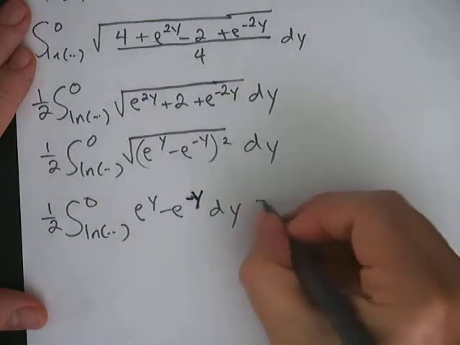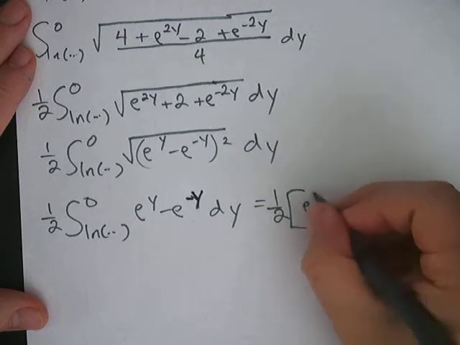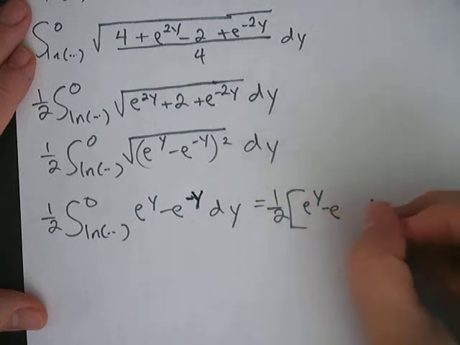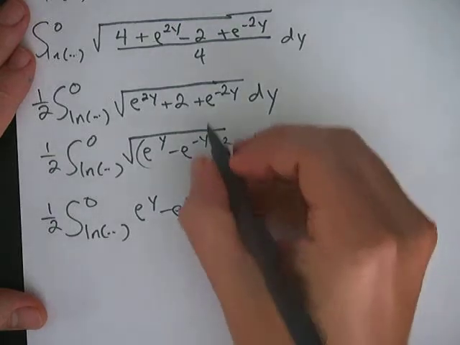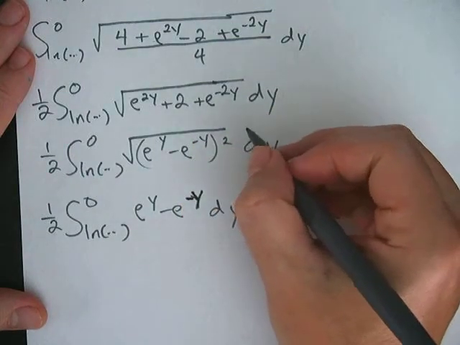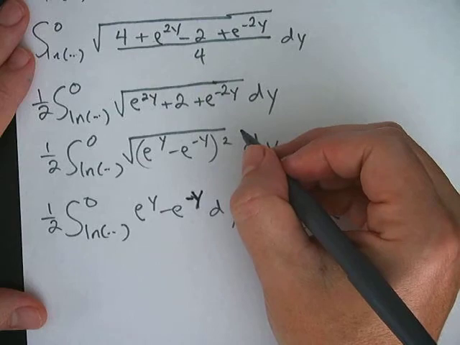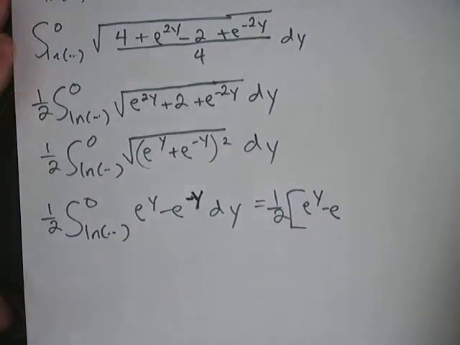So when we do that, we get 1/2, and then we get e to the y minus e to the, did I make that mistake again? I think I may have. Yeah, this one should be positive. This should be positive right there when I factored it, not negative.